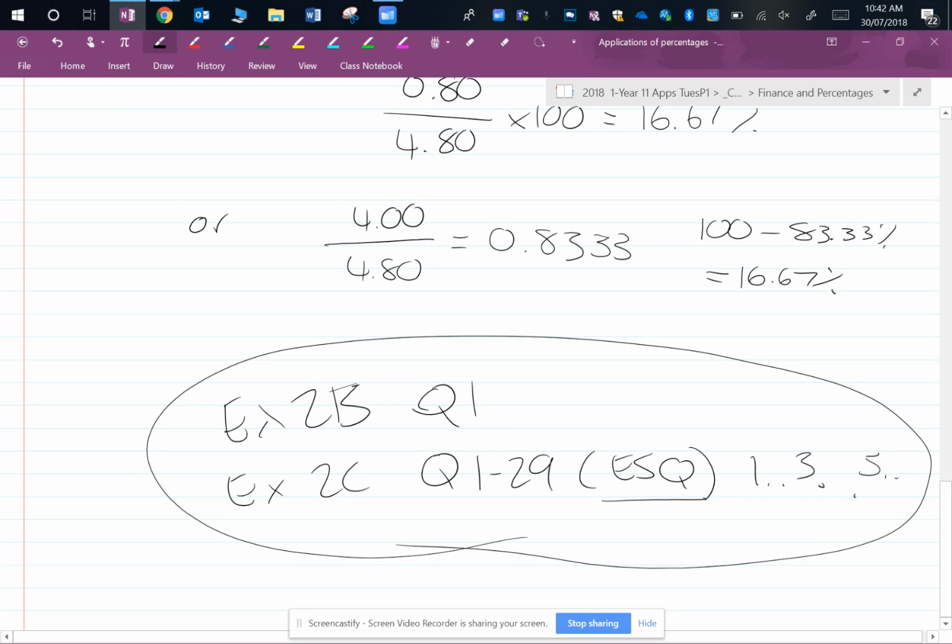You could at least get exercise 2B question 1 done in this time. Exercise 2B is about inflation.